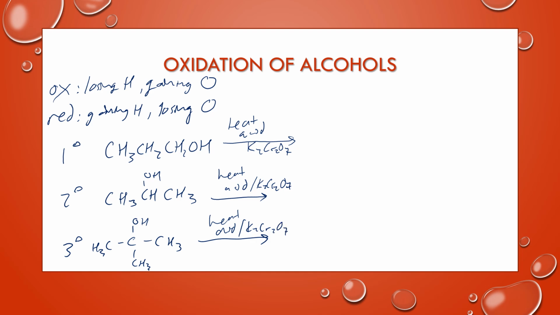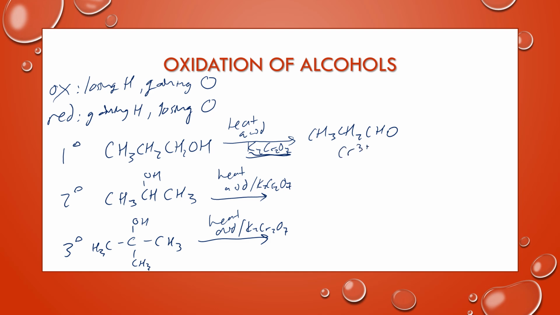Okay, so when that happens, you can lose hydrogens from the alcohol. And if it's a primary alcohol, it's going to make an aldehyde. So 2 of those hydrogens will leave. And you're going to change that oxidizing agent from the dichromate ion into Cr3+ ions.